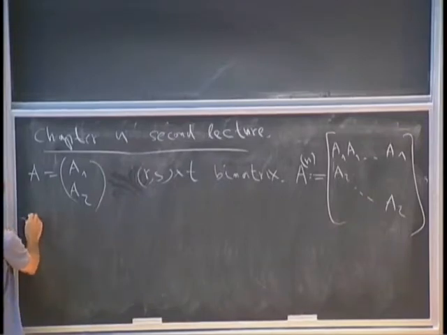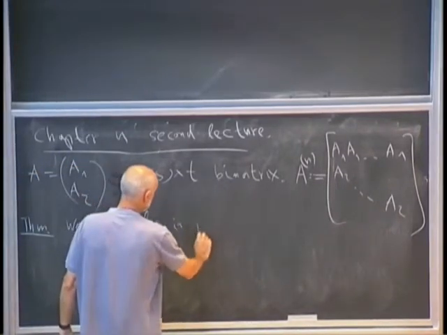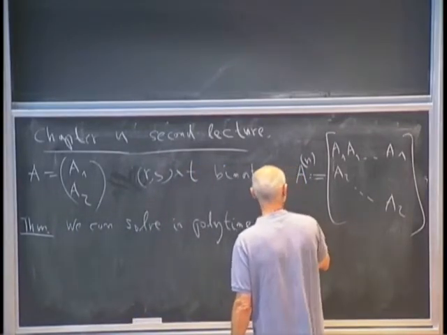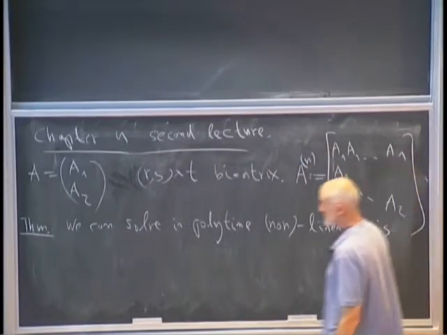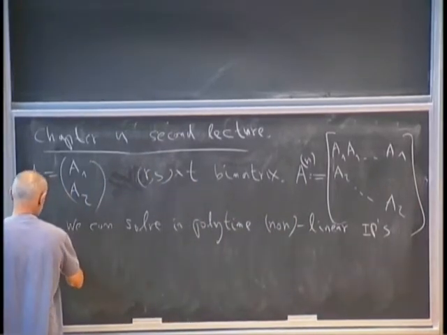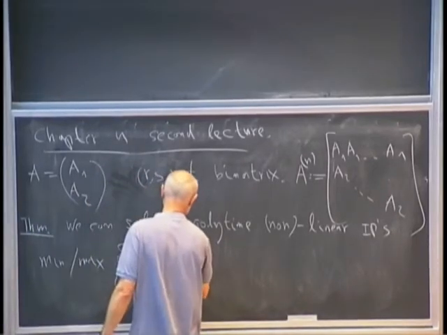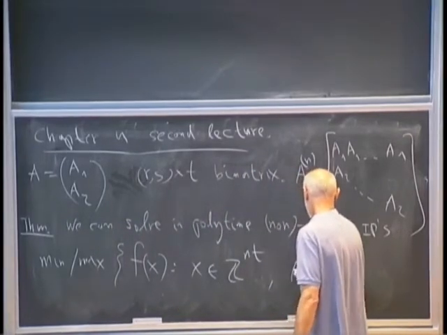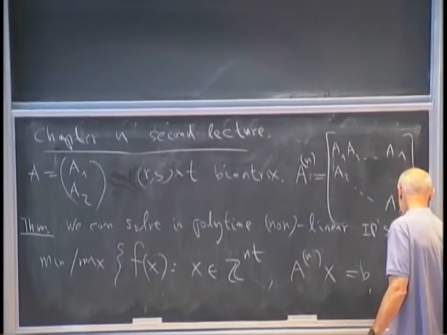The main theorem was: we can solve in polytime linear and nonlinear IPs of the form min or max f of x, such that x is in Z^{nt}, the n-fold matrix times x equals some b, and bounds.